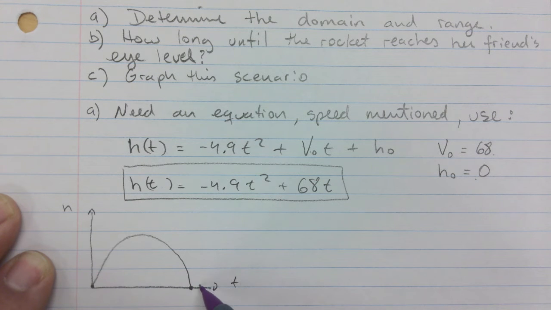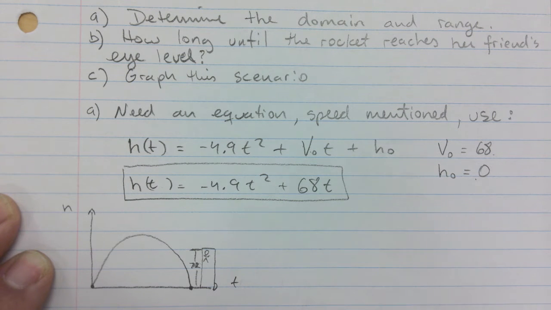There's a lookout tower, where the friend is watching this whole thing unfold. And we know that 72 meters is the height above ground.